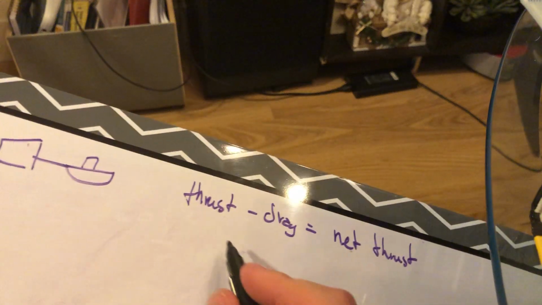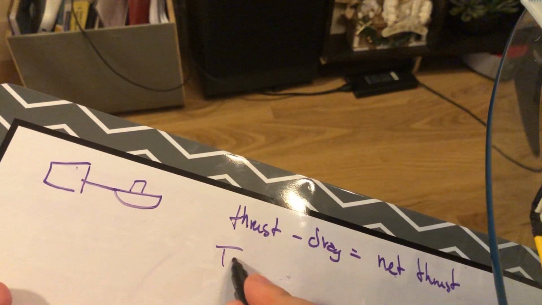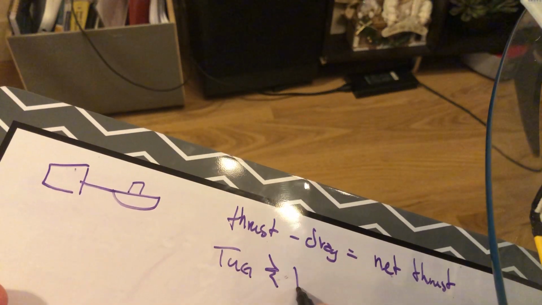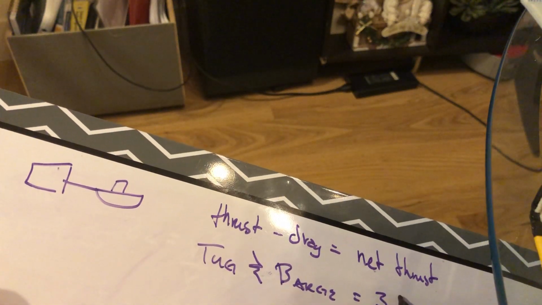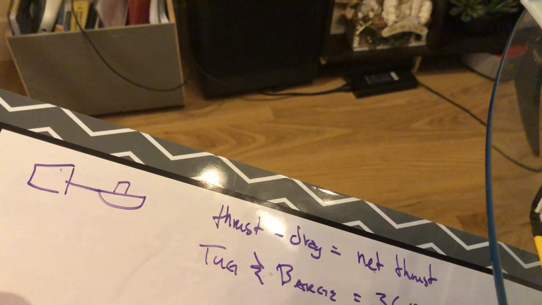And the tug and the barge weigh 3,600 kilonewtons. So we know tug and barge equal 3,600 kilonewtons.